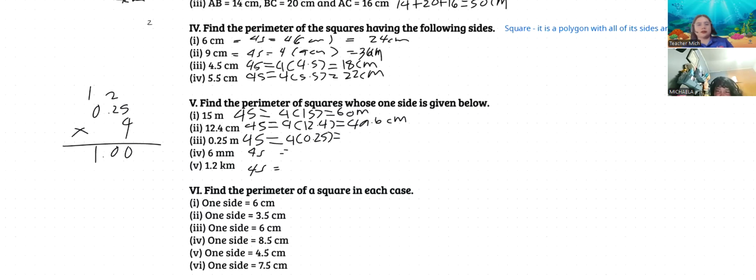What's your answer there? One what? Meters. I mean meter. Very good. How about for test 4? 24 millimeters.